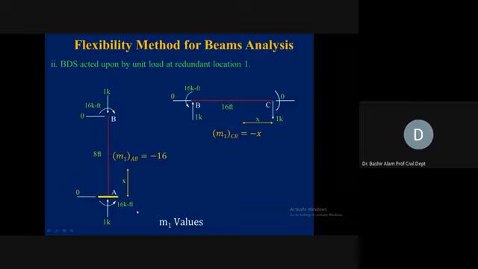Now origins already we fixed. So this M1 for member AB will become minus 16 because it is causing tension in the top outer fiber, and 0 times x will give you 0. So minus 16 you see here. And then for member BC, this 1 times x is causing tension in the outer fiber. So minus 1 times x, so minus x you see here.